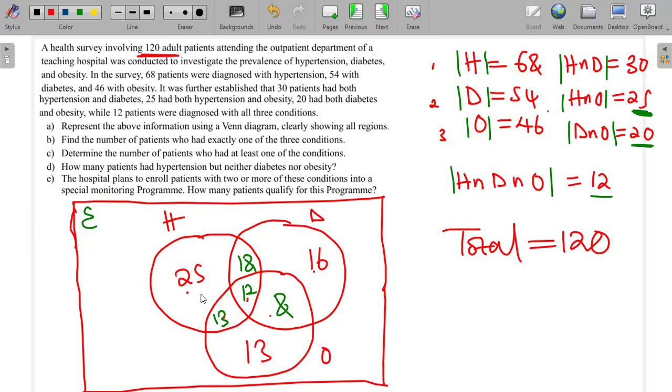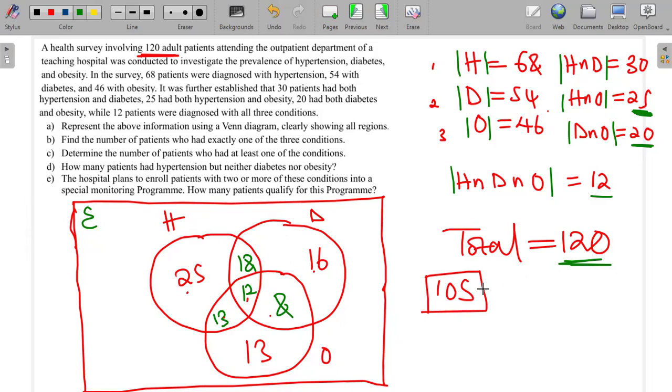Okay, when I add everything inside here, I get 105. So it means of these 120 patients, 105 had at least one of the diseases, right?